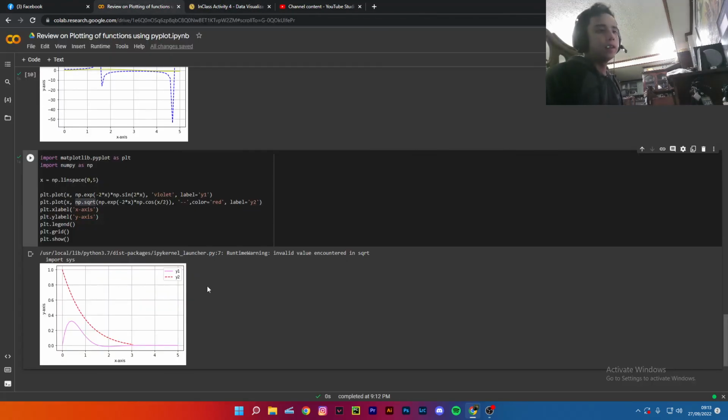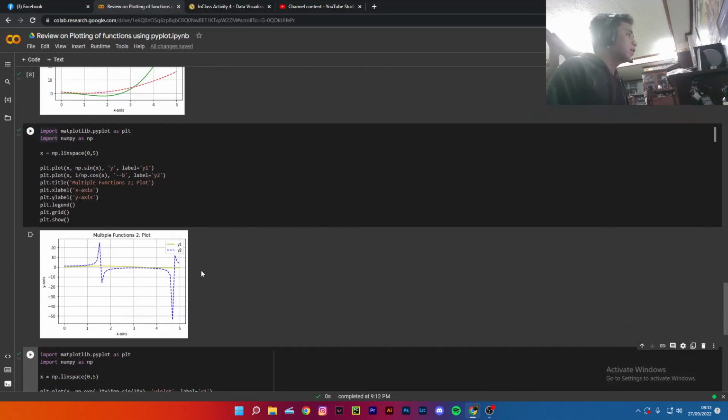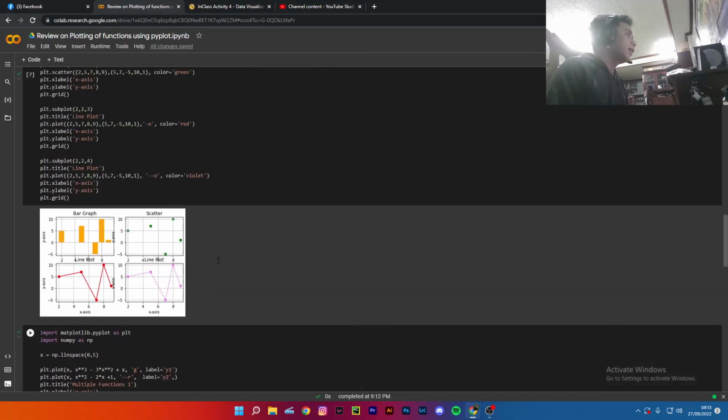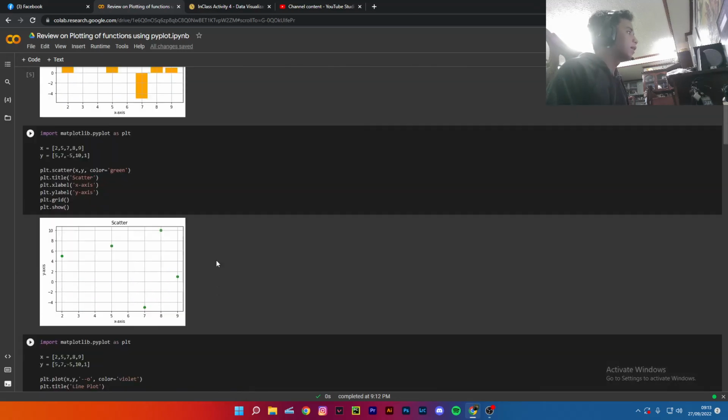My learning experience in this activity is that I learned how to plot multiple functions, how to use subplots, and plot multiple functions in one axis. And I think it's a bit easy.